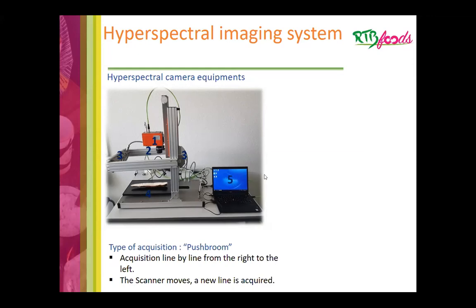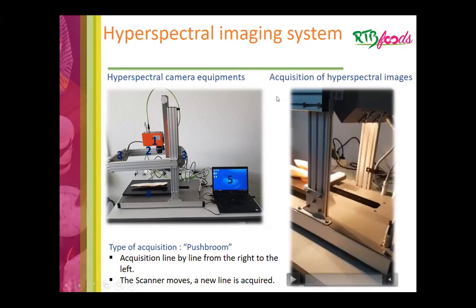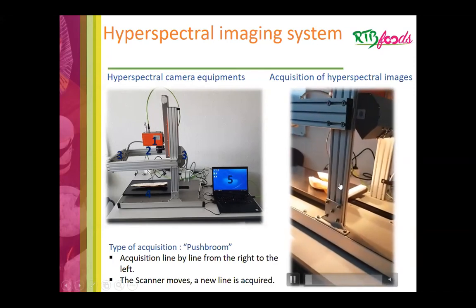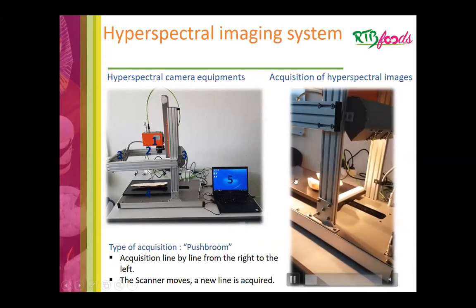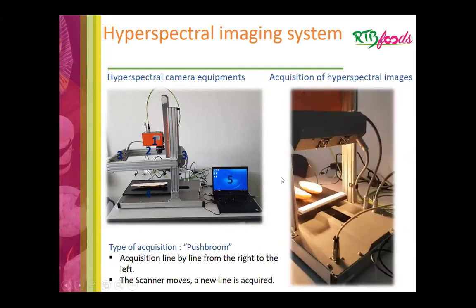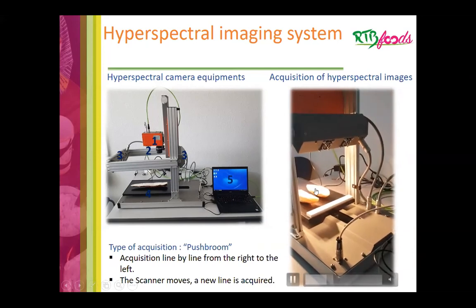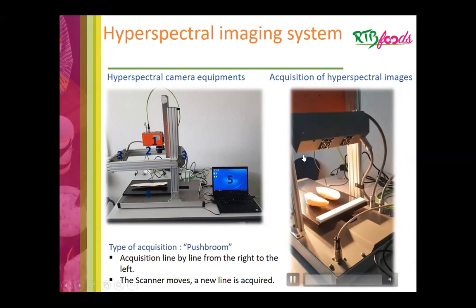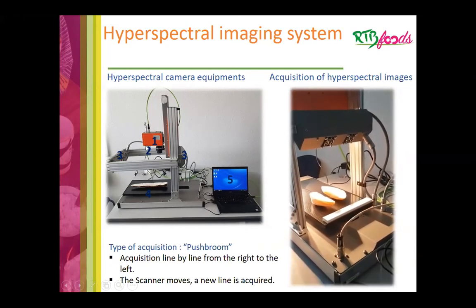And I would like to show you a video of acquisition of hyperspectral images here. As you can see, the white reference and the samples are placed into a translation stage, and the acquisition begins by the dark image, by turning off the lens here.